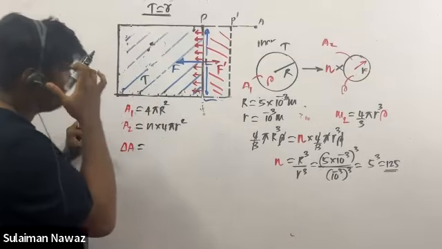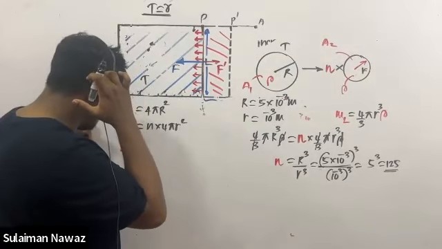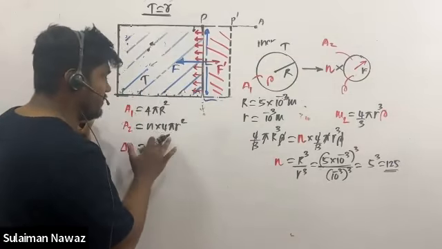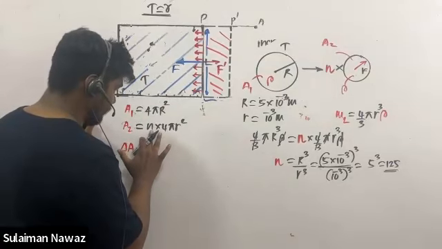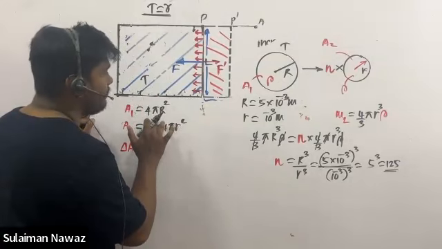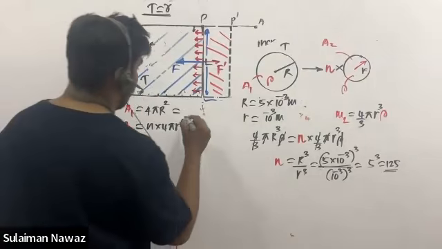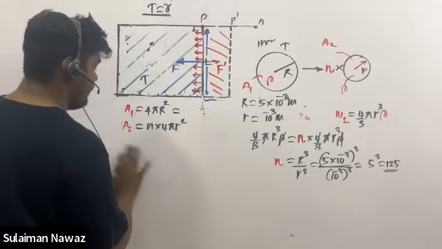Which one is larger? We'll assume this one is larger, but we can find exactly which one is larger. We'll find the areas first and then get the change in area.